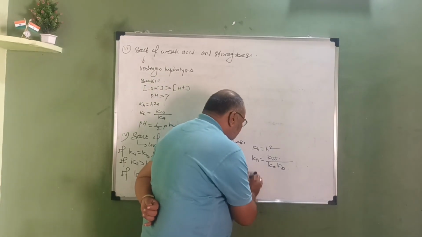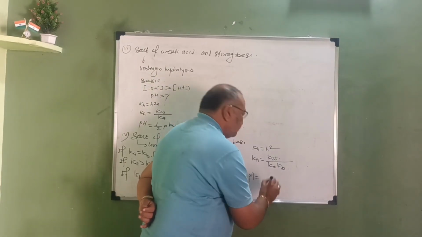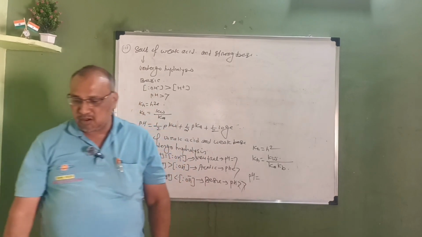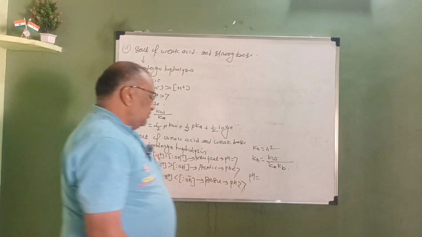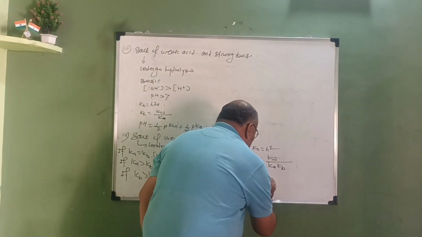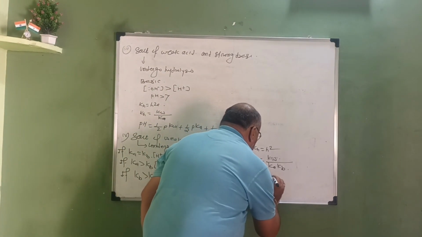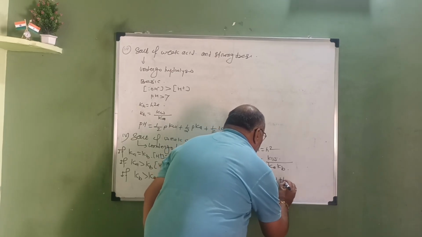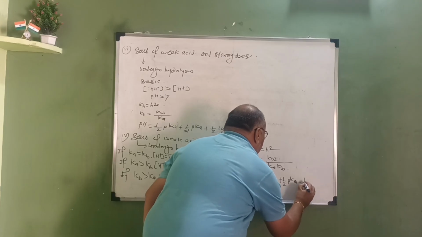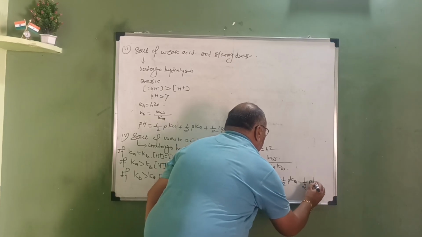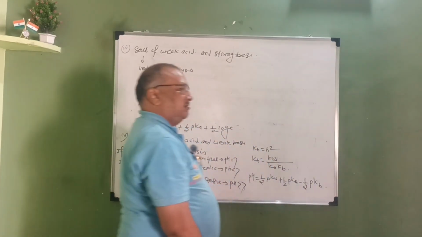And finally write down pH is equal to half of pKw plus half of pKa minus half of pKb.